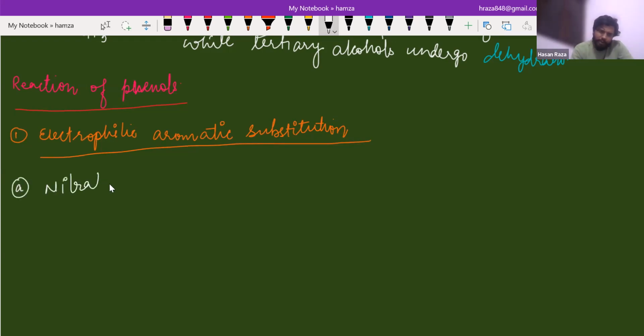And what does it mean? You know that nitration is basically addition of a nitro group in phenol. So how are we going to add it? This is phenol, and the reaction type is electrophilic aromatic substitution reaction. In order to add a nitro group in this, we need to react this with dilute HNO3.